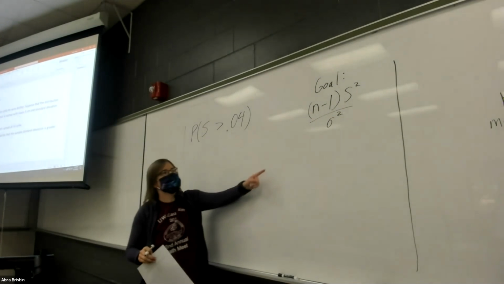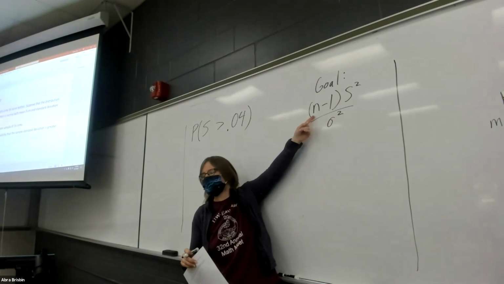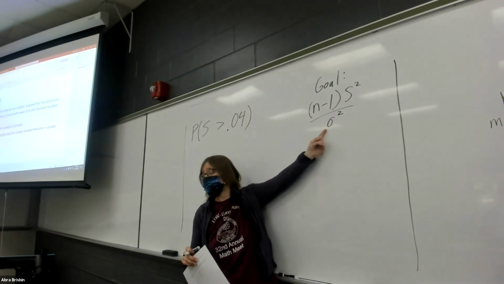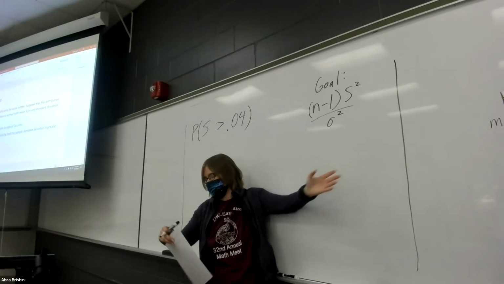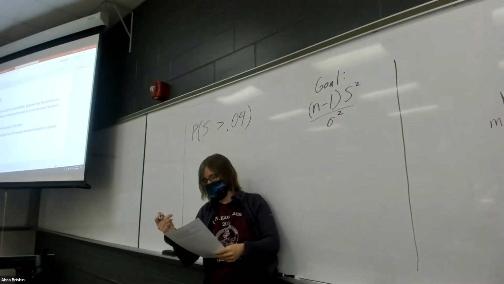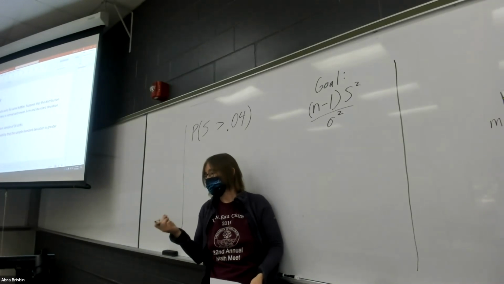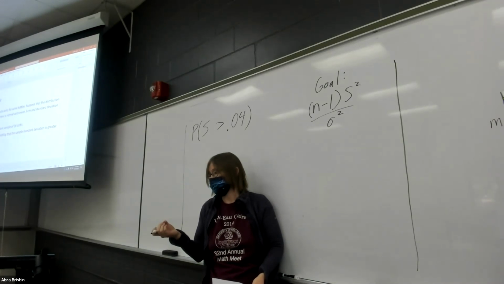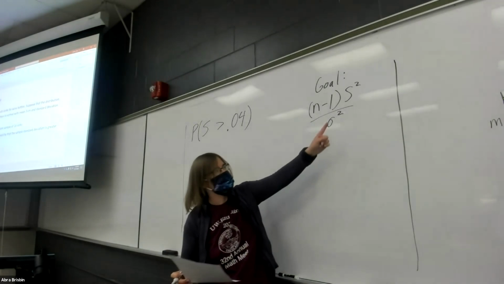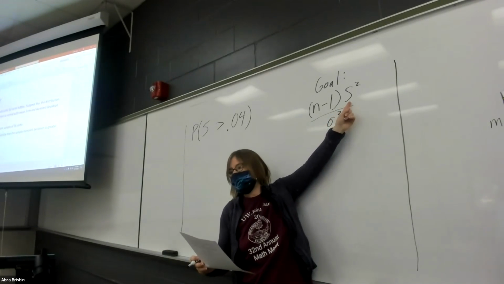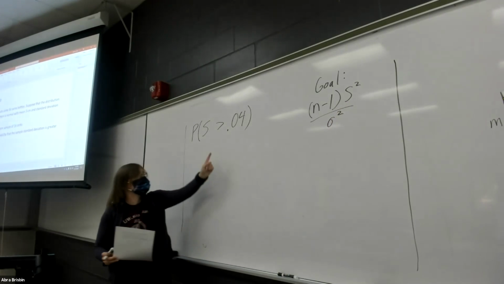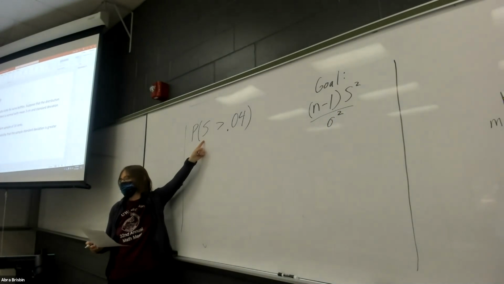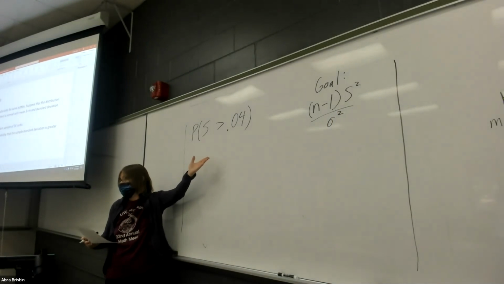Because the n is going to be a constant, and sigma squared is the variance of the population, 0.04869. That's a constant as well, as far as this problem is concerned. So we want to match up the random variable s with the random variable we're trying to find the probability of.